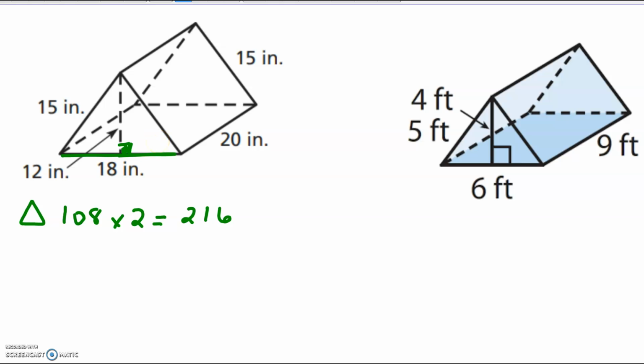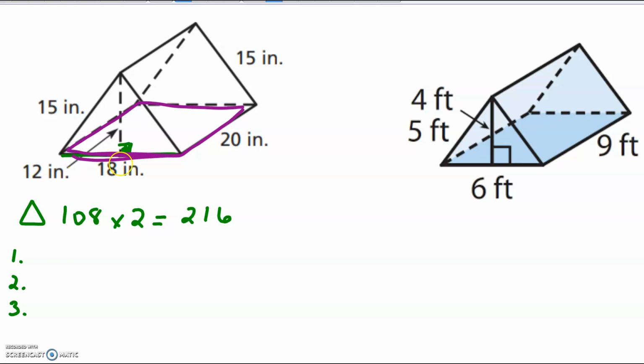Because the rectangles can be different shapes, I would suggest that maybe you number them or letter them, rectangle A, B, C, and figure out the dimensions and write those down. Here is one rectangle. So we'll do that one in purple.